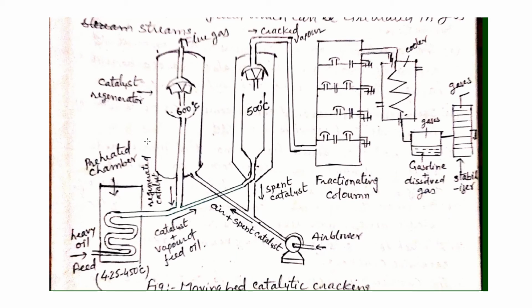Here there is no need to stop, it works continuously. Since the catalyst moves from this hopper to this chamber, then from this chamber again to the catalytic chamber, this is known as fluid bed catalytic cracking or moving bed catalytic cracking.